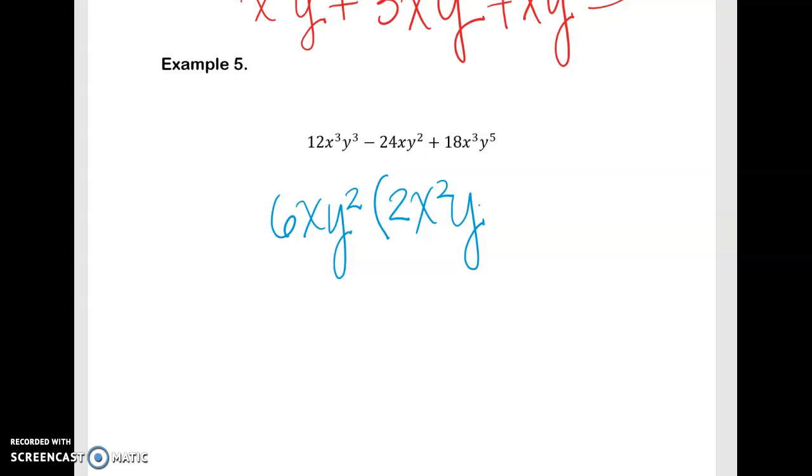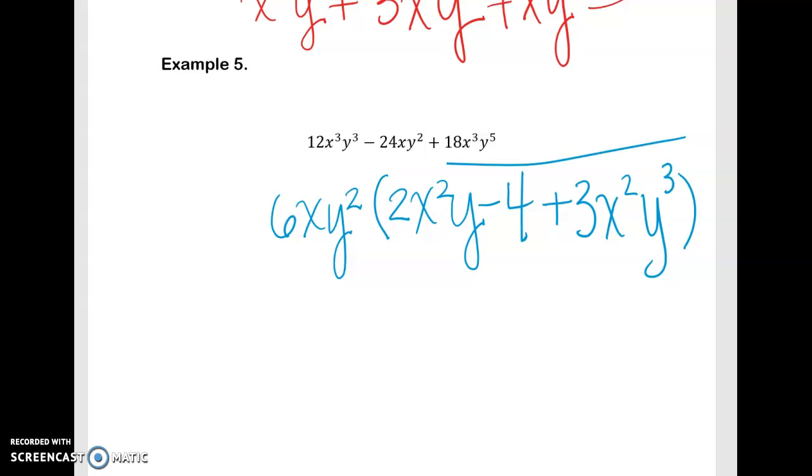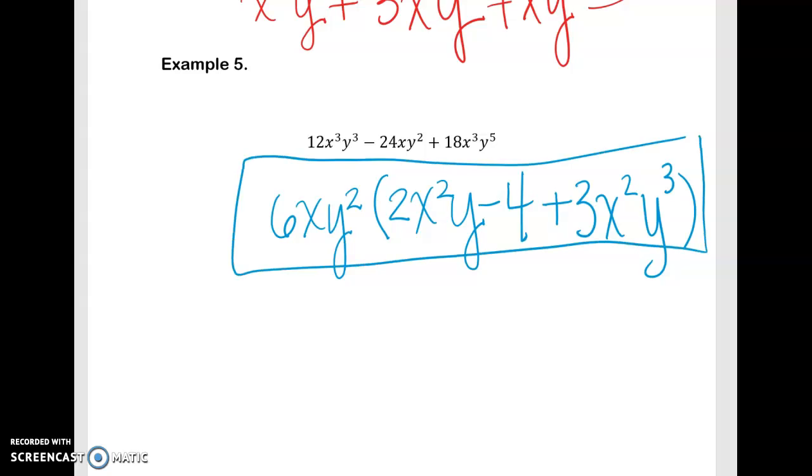For the second one, we need a 4. We don't need another x, and we don't need another y. For the last one, we need a 3. We need x squared, and we need a y to the third. Because y to the second times y to the third is y to the fifth. Remember that. So this is our factored form, and we're done.